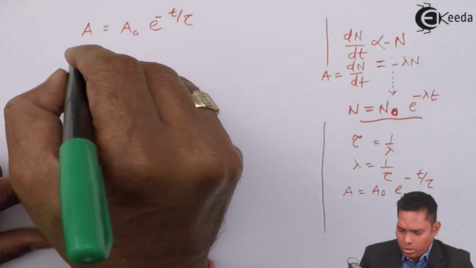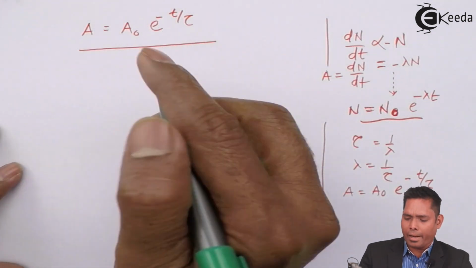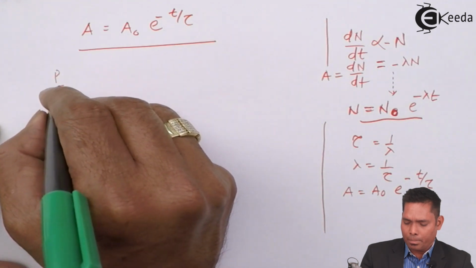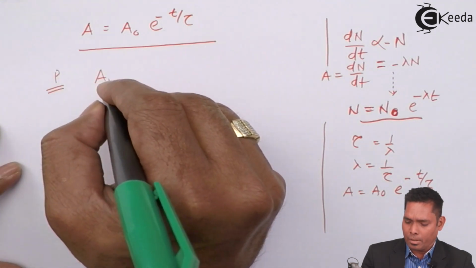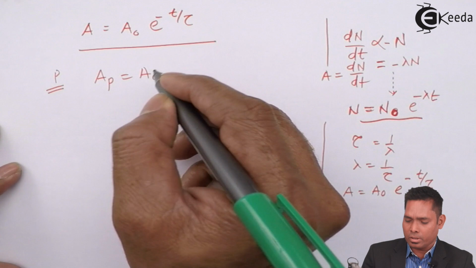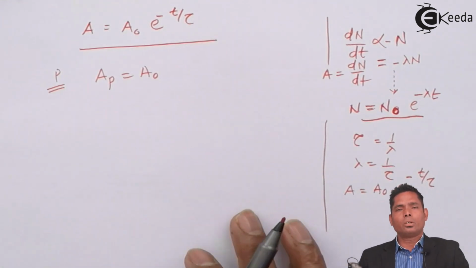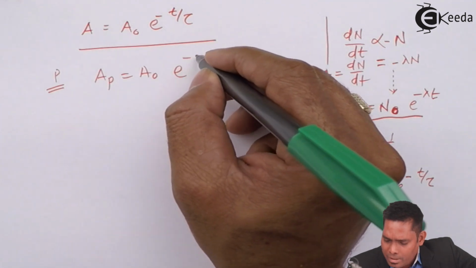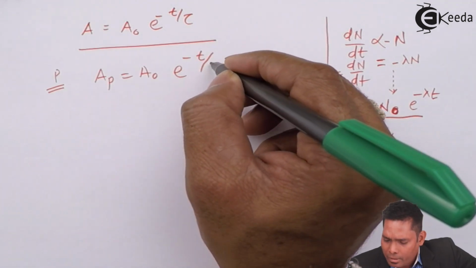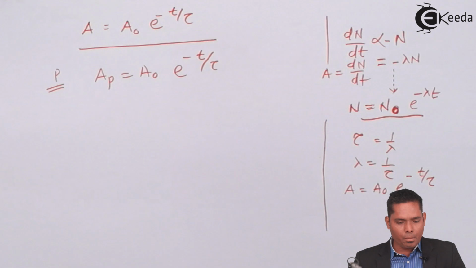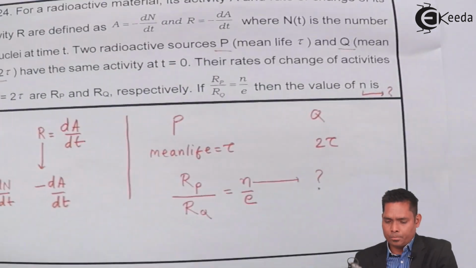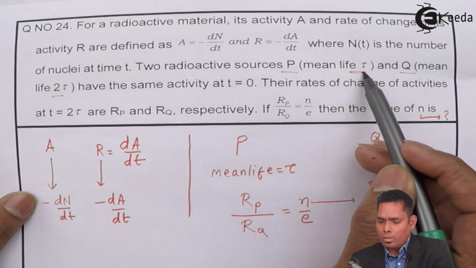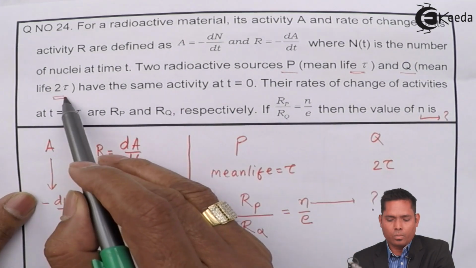So we have got the general formula, and we have two materials, P and Q. For material P, we'll write AP, which is A naught, because initially they have the same amount of activity. So A naught e raised to the power minus t divided by tau, because for P it is tau, and for Q it is 2 tau.